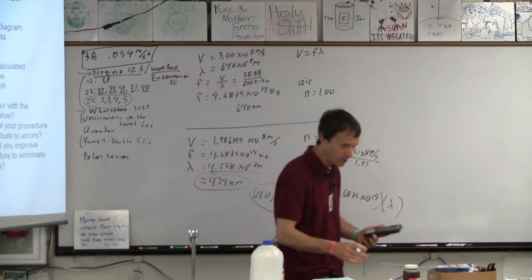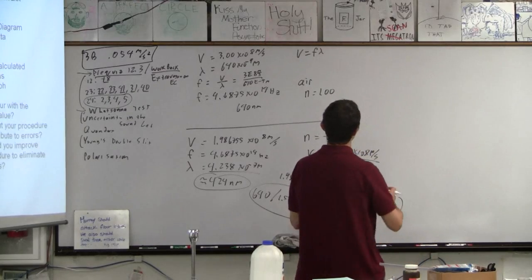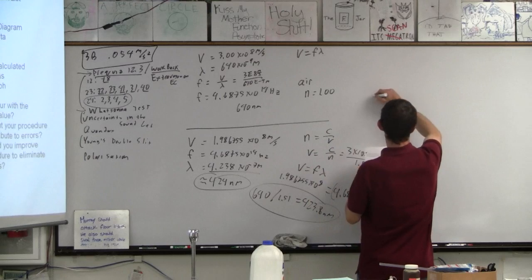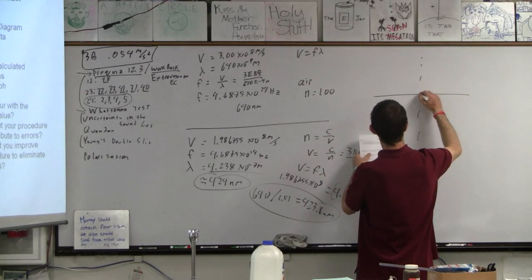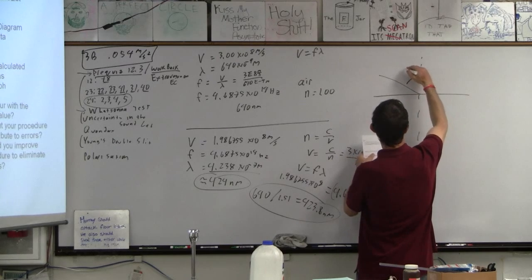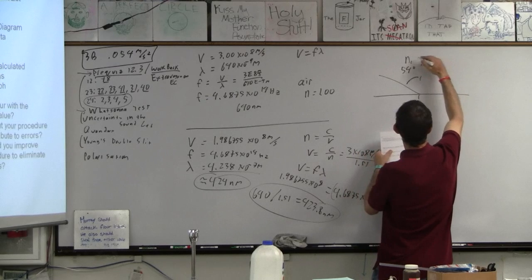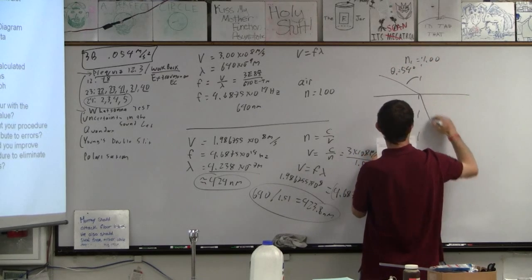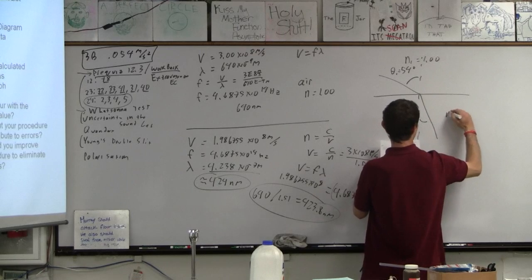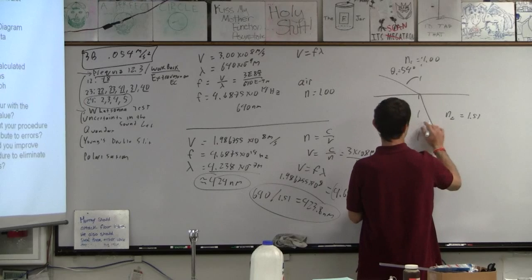And then for number 4, you're just doing Snell's law, right? That's 54 degrees. This is n1 is 1.00. Theta 1 is 54. This is n2 is 1.51. And theta 2 is what you're trying to find out, right?